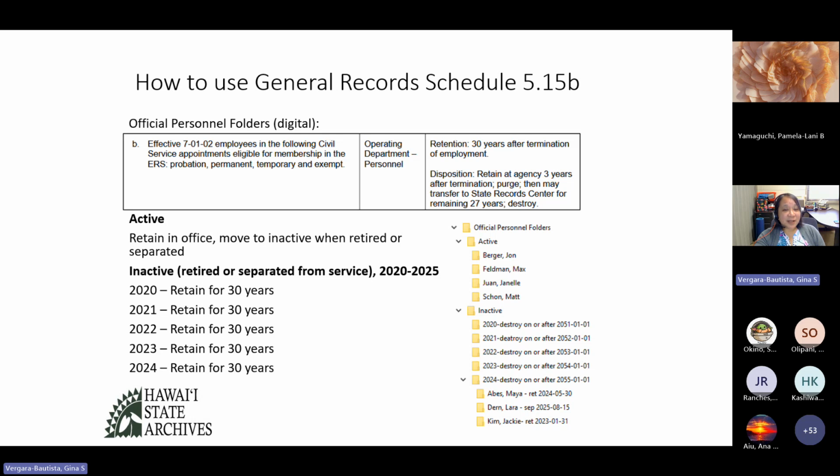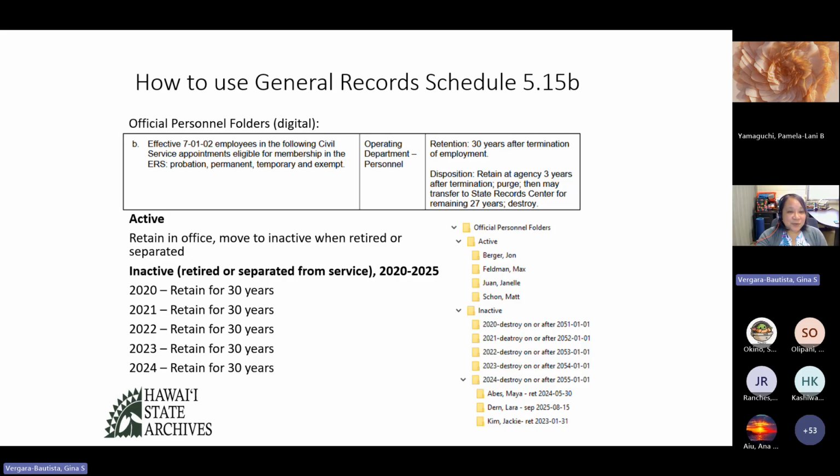You have active files, so you create an active folder within, subfolder. And in there, you will actually put in all the scan files, and because these are active files, you actually add documents to these files as certain events happen for this employee that you need to retain.